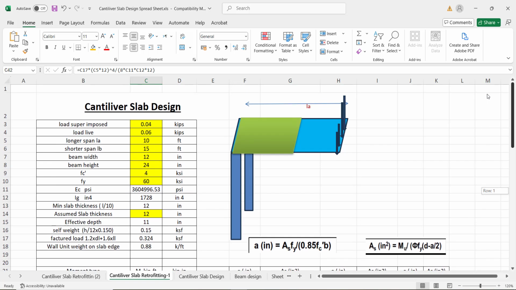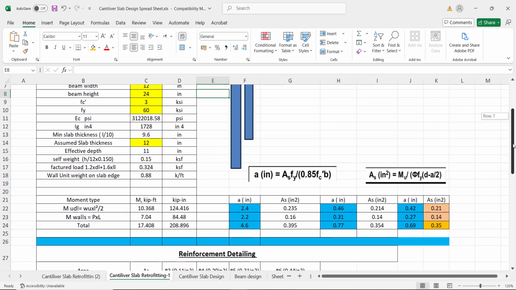It's now done, and we can make a simple spreadsheet for any design. Suppose if you want to make it 6 feet, it will be calculated automatically. If you want to make it 8 feet, it calculates automatically. You can make it 3 psi strength. Let's see its results.